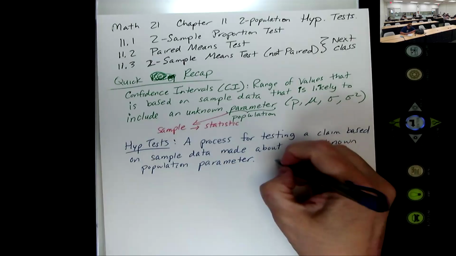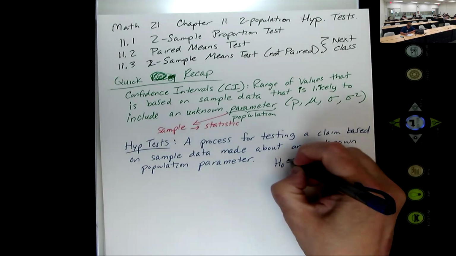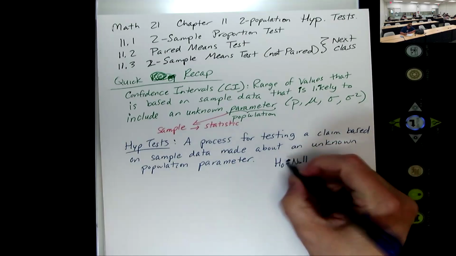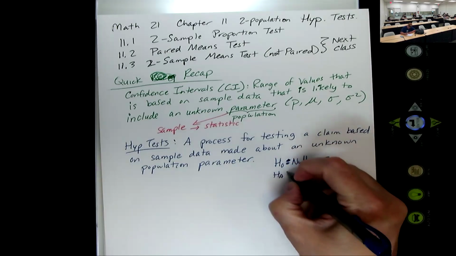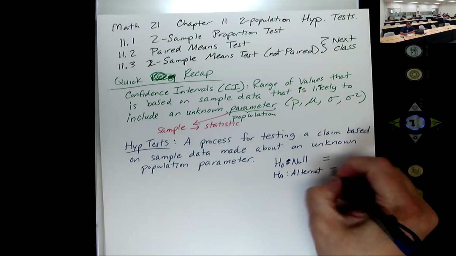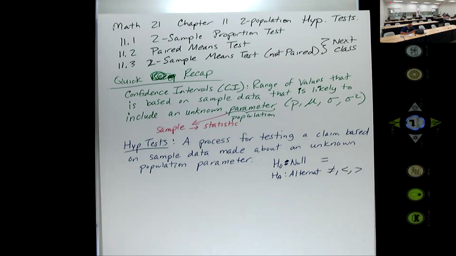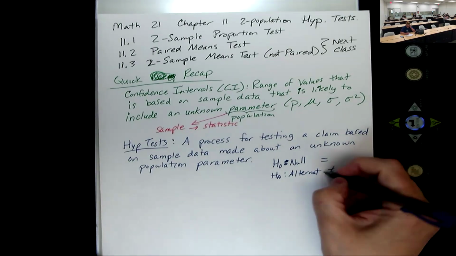This had H naught, which was our null, and had a statement of equality. HA was our alternate, and had an inequality, either not equal to, less than, or greater than.